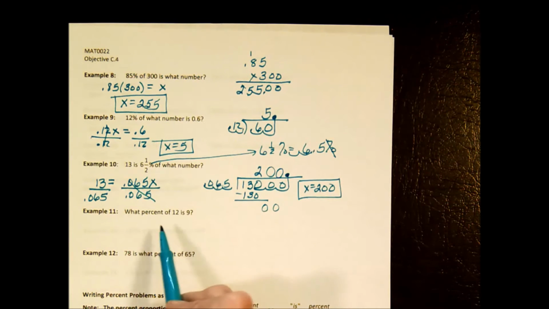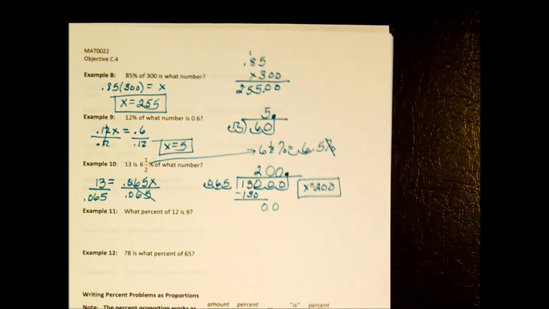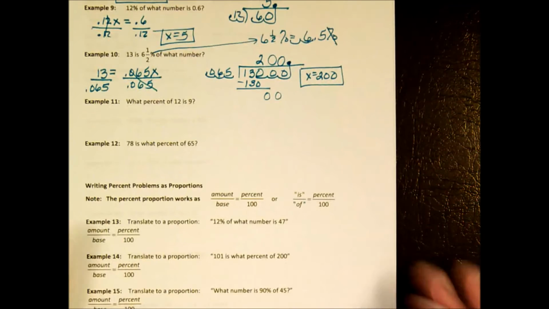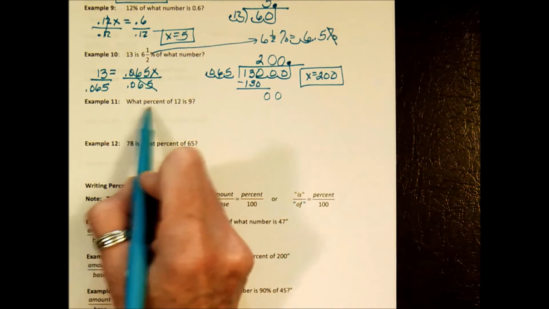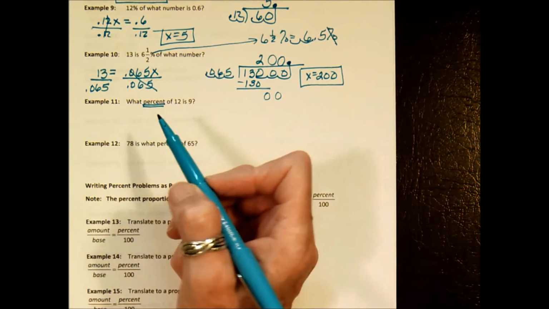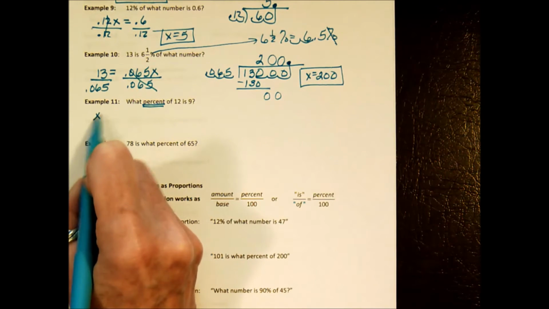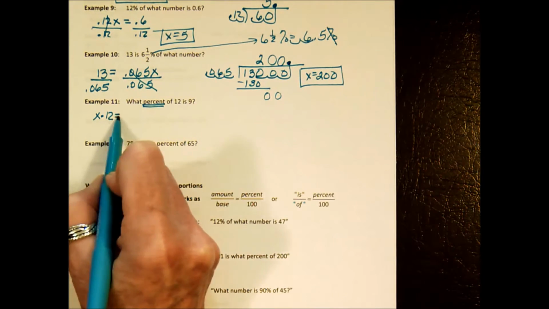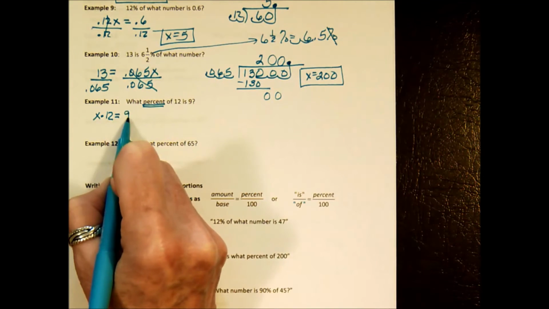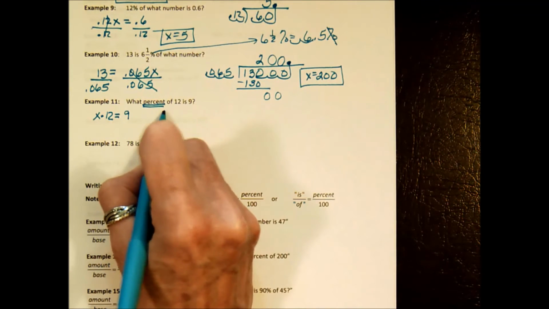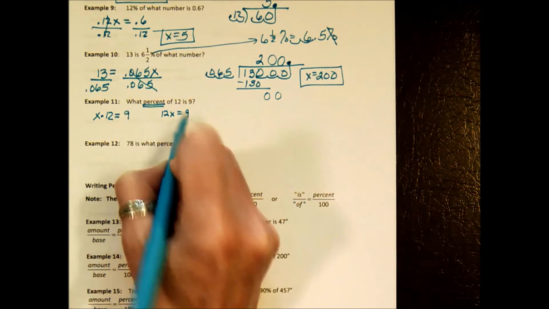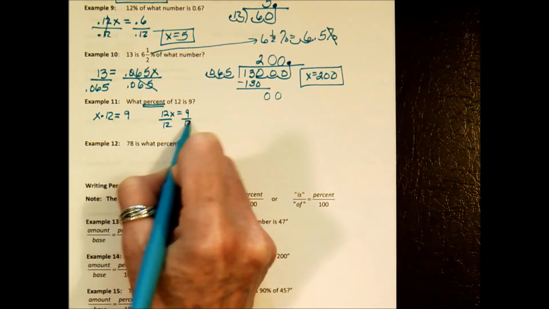Here, this is the one disadvantage, I think, of the equation method, and that is when the thing that's missing is the percent, and I'll show you why. It says what percent of 12 is 9? So x times 12 is 9. Written conventionally it would be 12x equals 9. Divide both sides by 12.